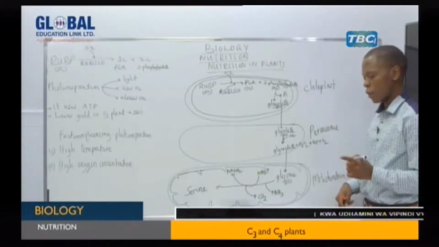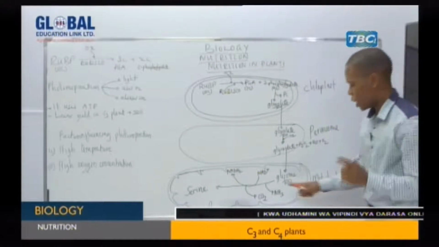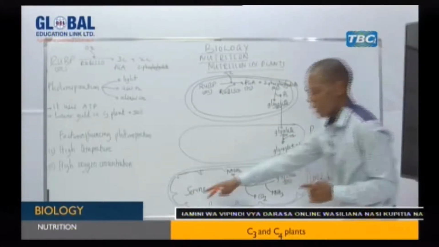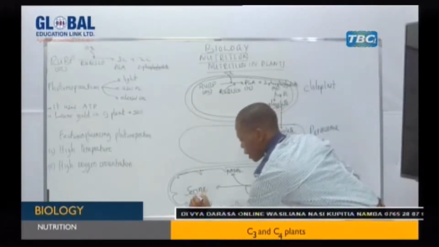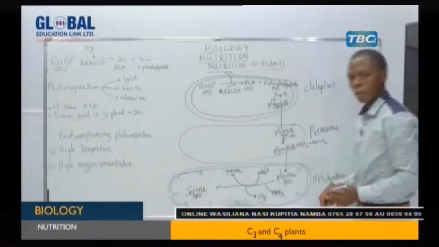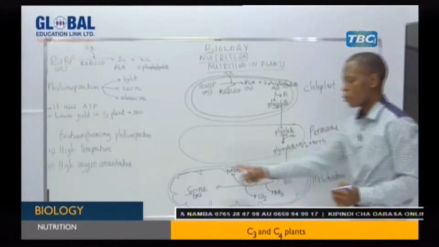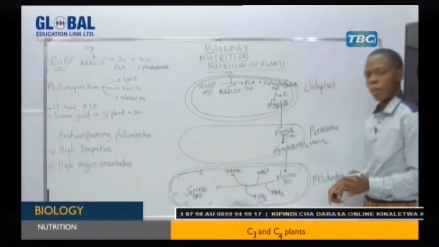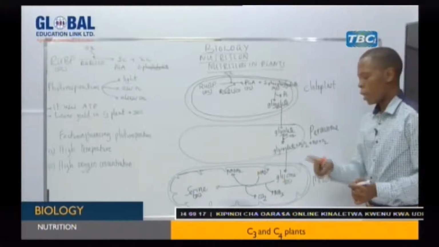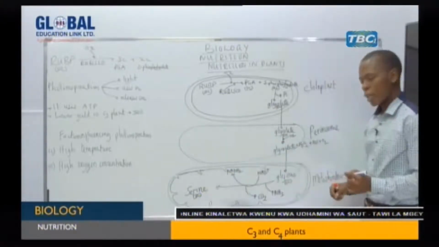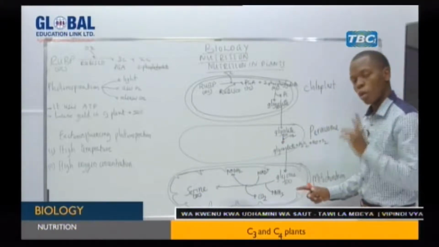Ask yourself, from the concept of cytology, this glycine is a 2-carbon compound, but this serine is a 3-carbon compound. How does this conversion occur, from a 2-carbon compound to a 3-carbon compound? Actually, to make 1 molecule of serine, we need 2 molecules of glycine.